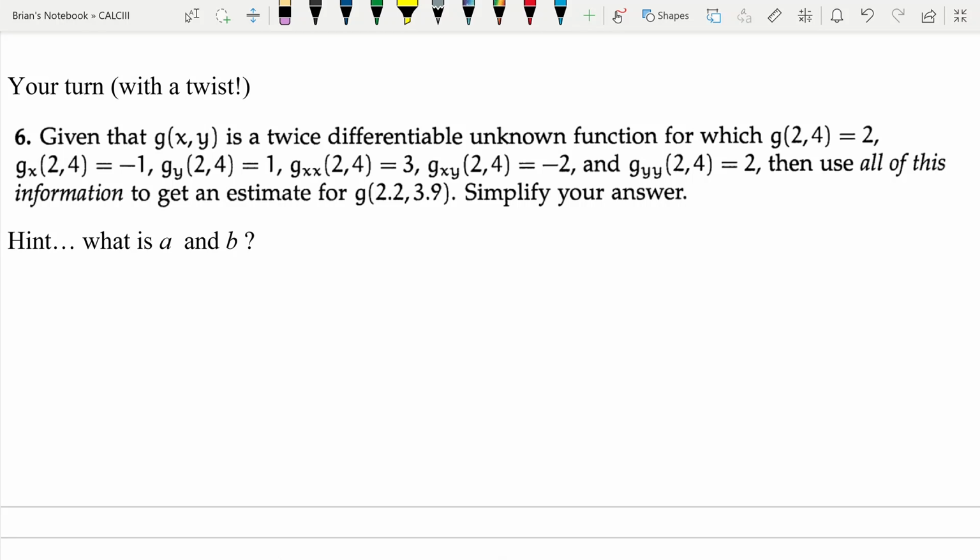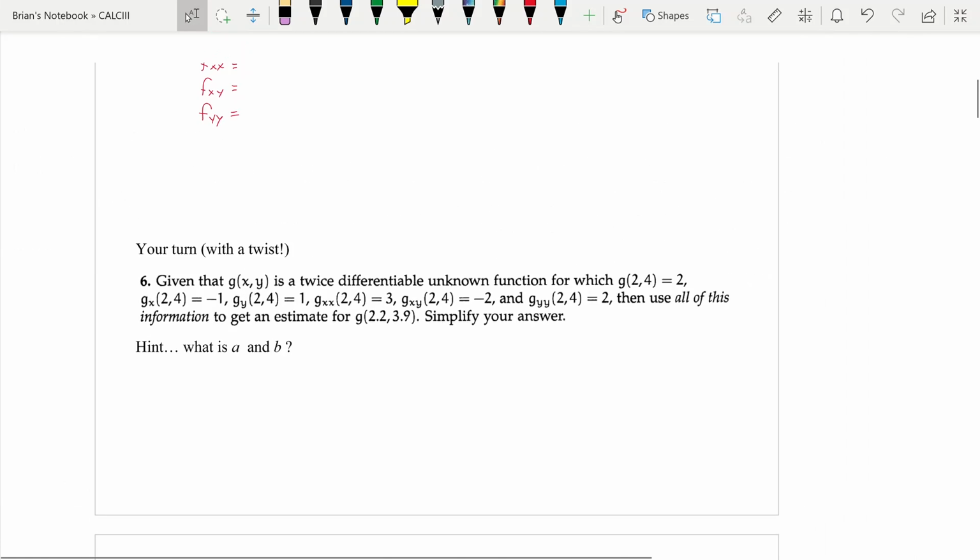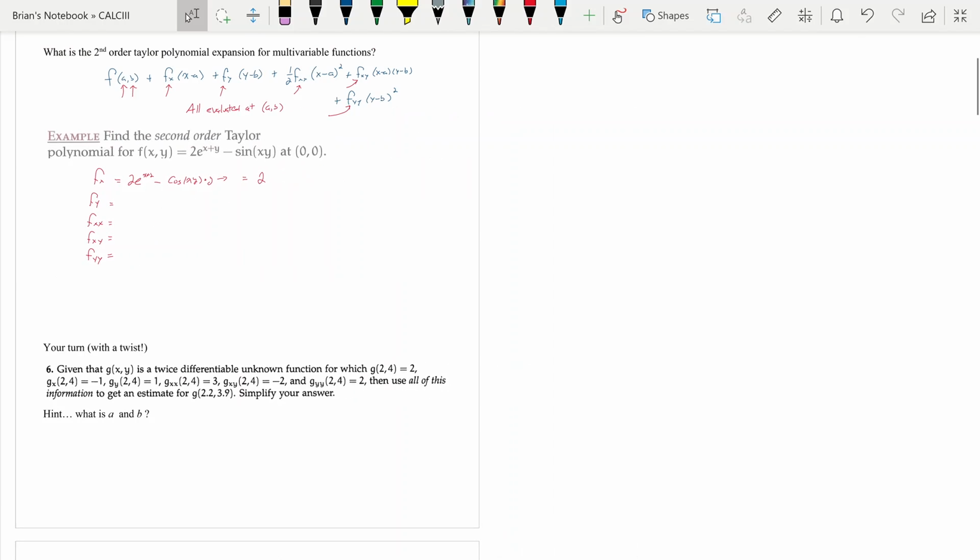I'll zoom up so we can see everything. See if you can solve this problem. Maybe you were able to solve it during the exam, but after a few weeks off of Calc 2 stuff, see if you can solve it. I'll give you guys like 2 minutes. We'll see how well you do, and then I'll help walk you through it just in case you couldn't remember or you couldn't do it on the exam. And then we'll go from there. So time to cue your favorite Spotify playlist for about 2 minutes. Good luck.